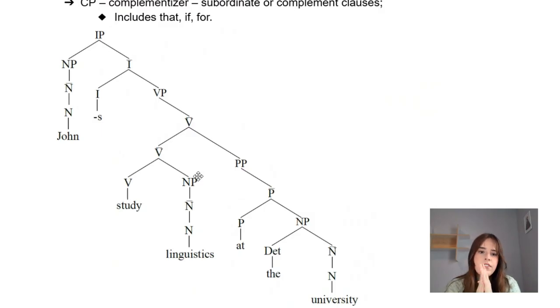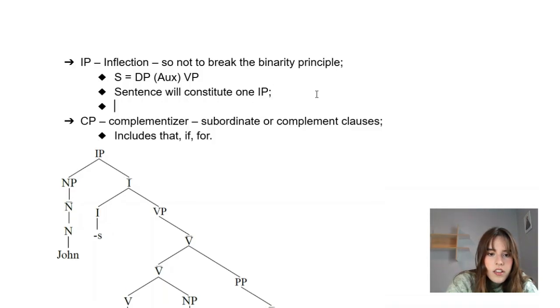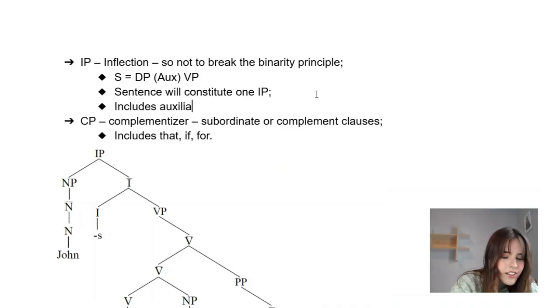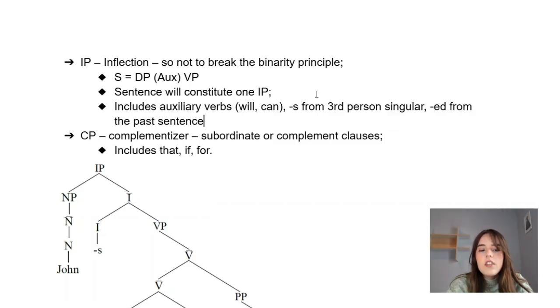And you have the I. Okay, I forgot to add it here, but an IP includes auxiliary verbs, and on the I category, that's what I was missing.